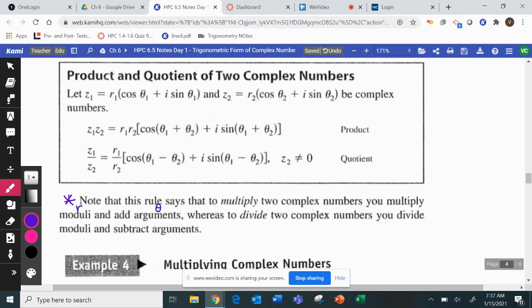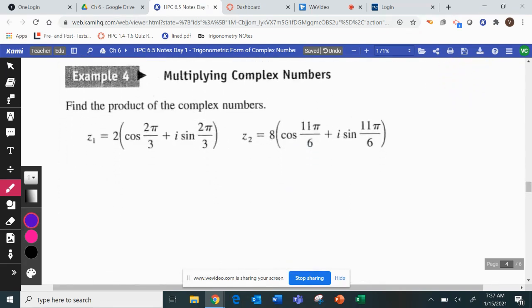But when you're dividing two complex numbers, you divide the moduli and subtract the arguments. I would compare that to exponents: if I did x squared multiplied by x to the 6, we would add, whereas if I did x squared divided by x to the 6, we would subtract. It's kind of like those same rules, only it's not exponents.